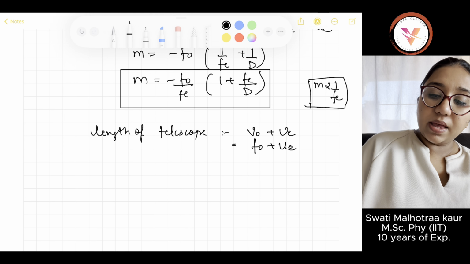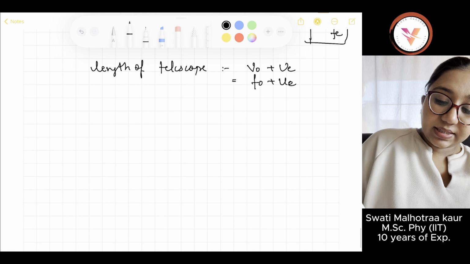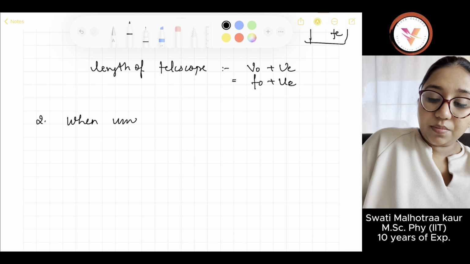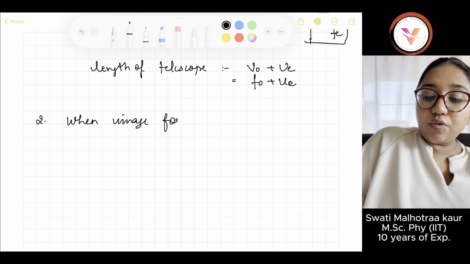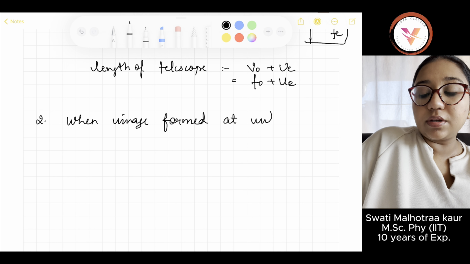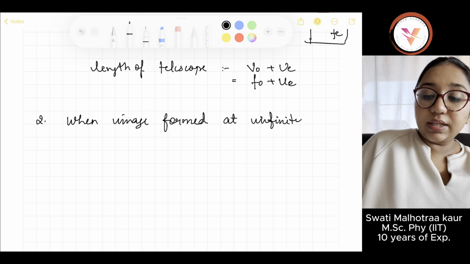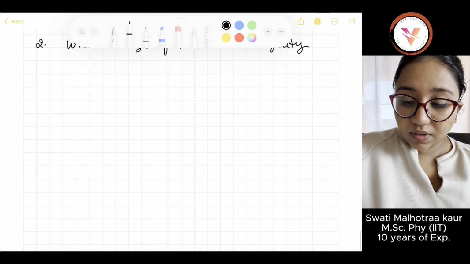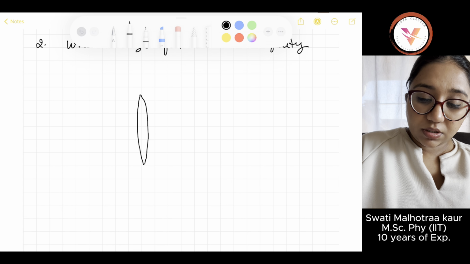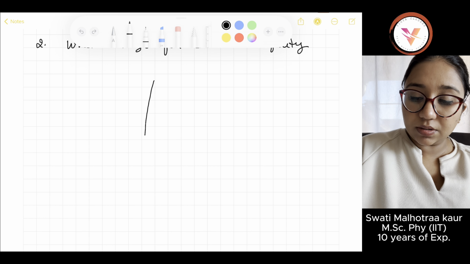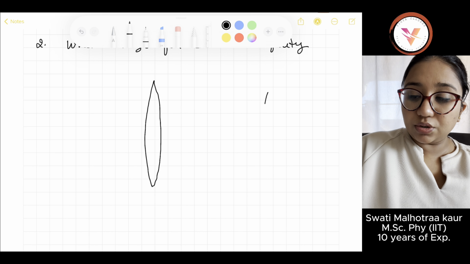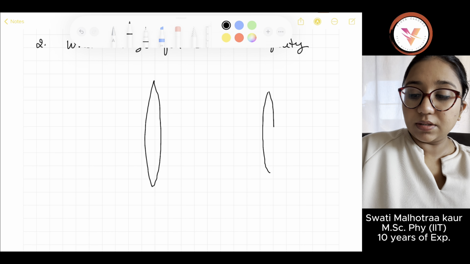Okay. And second is when the final image is formed at infinity. In that case, this is your objective lens, and this should be your eyepiece.